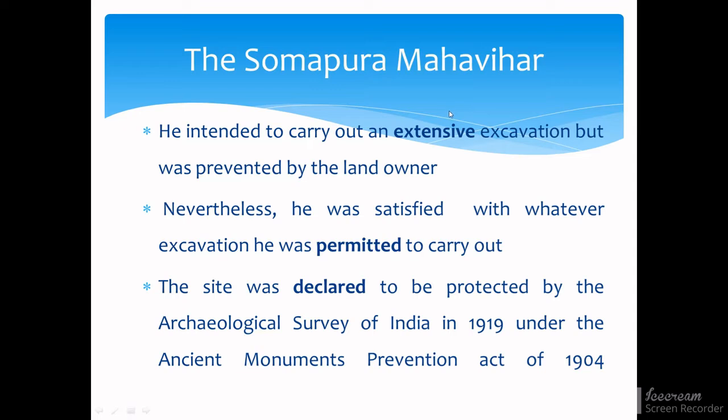Okay, covering or affecting a large area is also called extensive. So he was satisfied with whatever excavation he was permitted. He was not permitted to dig a large area. So the area which was permitted to dig, he was satisfied with that.